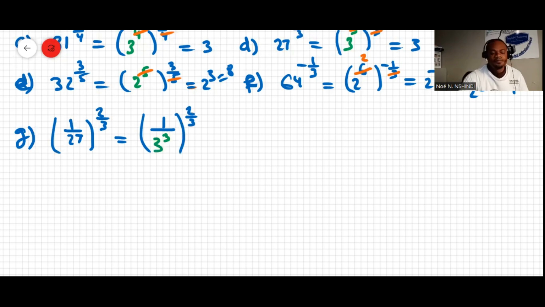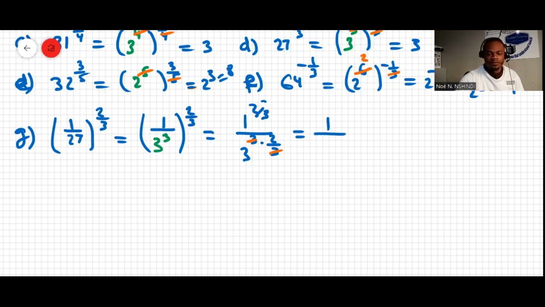And then this will be 1 to the power of 2 over 3 over 3 to the power of 3 times 2 over 3. Okay, because the law of exponents says the power here is for both the numerator and the denominator. And then here, this can be simplified, and the answer would be, 1 raised to any power is just 1, all over 3 squared, which is 9.